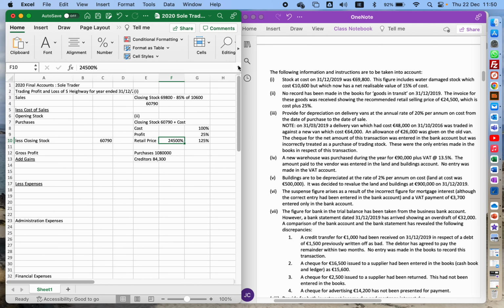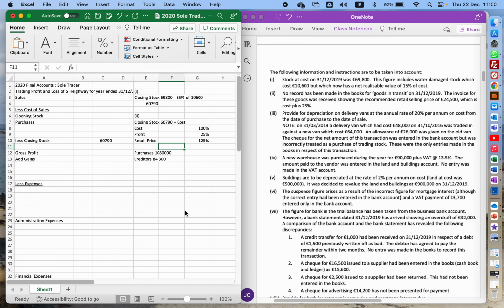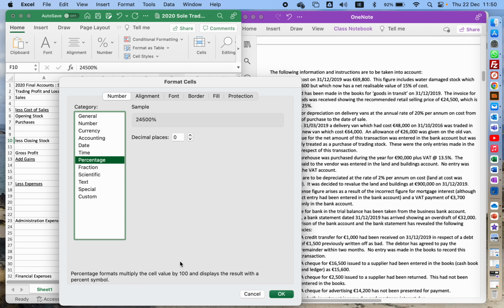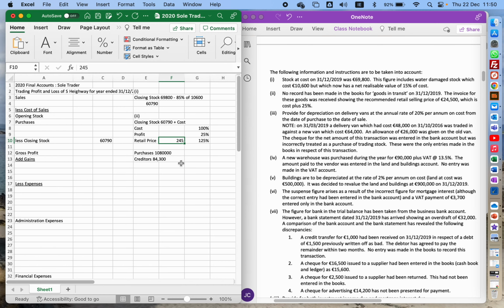So printing error there, 24,500. Okay, so I need to work out what the cost is, because that's the figure I'm looking for.